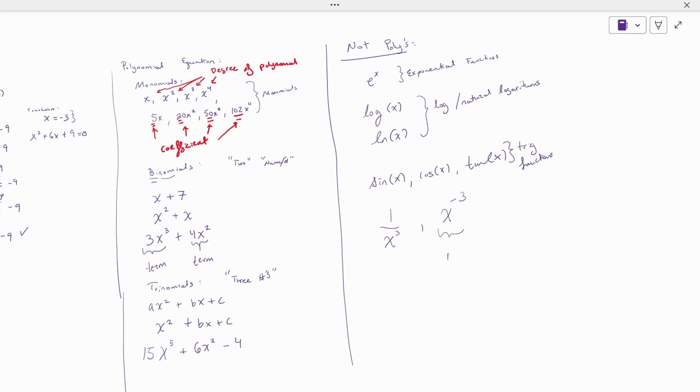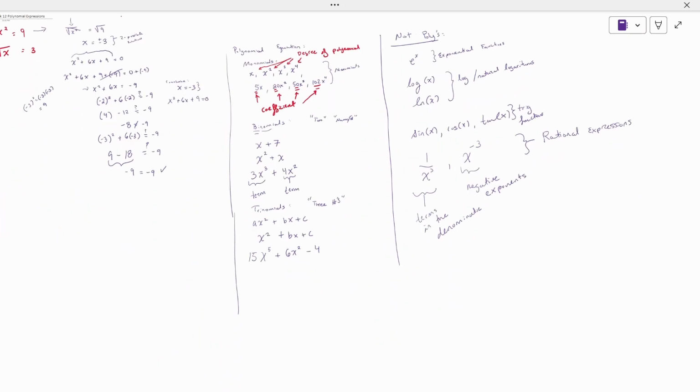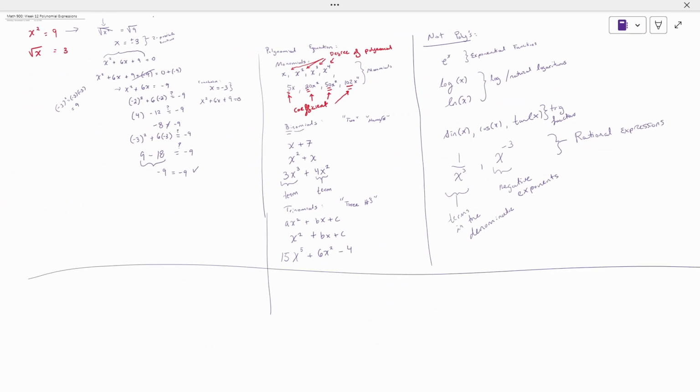So anytime you have what are known as negative exponents, or anytime you have variable terms in the denominator, what you're dealing with here are what are known as rational expressions, but they're a little bit different than polynomial equations. Okay.